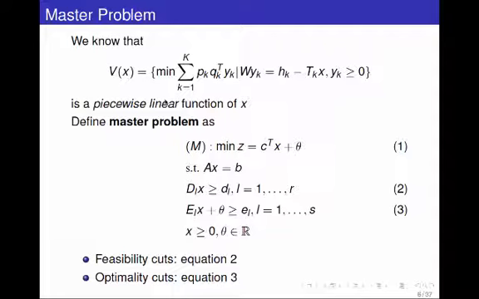It's exactly what's going on here, right? The theta is my auxiliary variable, and I have theta greater than or equal to affine inequalities. Is that clear? That's important. That's very useful.